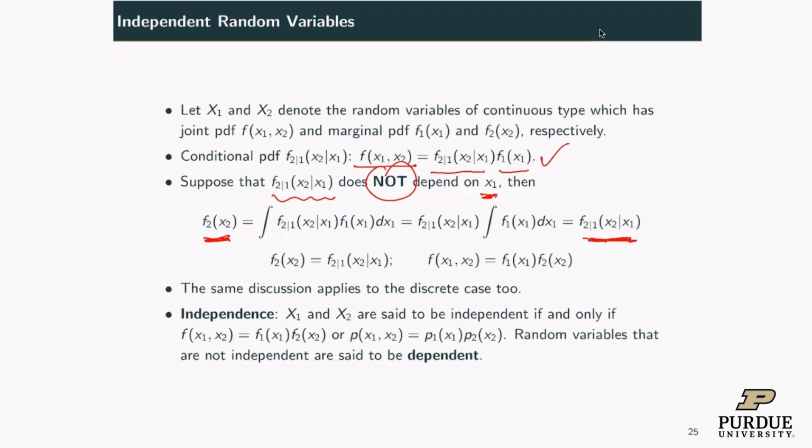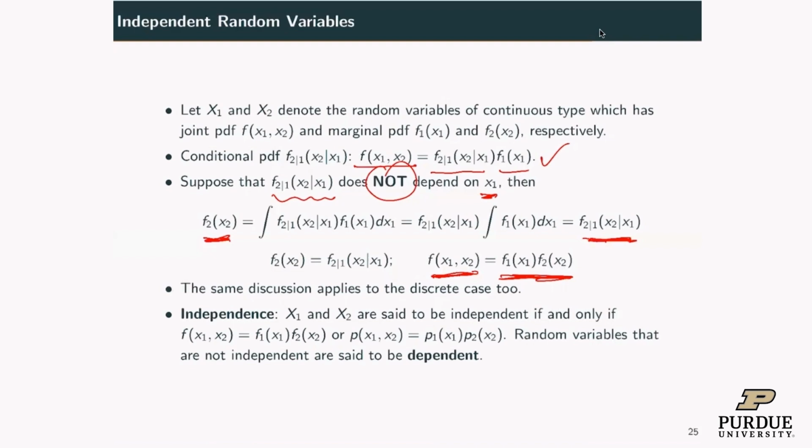So for this situation, the joint is a product of the marginals. The same discussion applies to the discrete case too. So that means x1, x2 have no relationship. You know x1, it does not affect anything. So that's a motivation which can define independence.